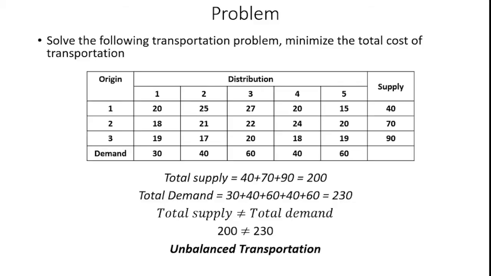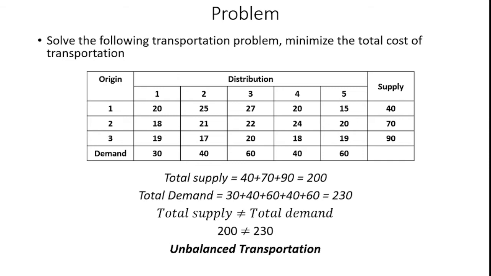Here you see the total supply is 200, the total demand is 230. So the total supply is less than the total demand. So I have to add to the total supply, which means I can add 30 to the 200, from which I get 230 as the total supply.